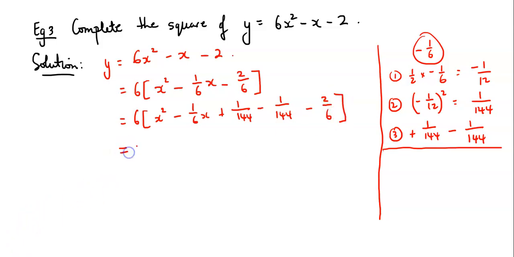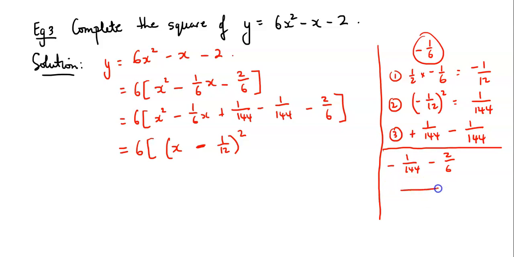Third step: we factorize the first three terms. We have our brackets squared, because it's a perfect square. The square root of x squared is x, the square root of 1 over 144 is 1 over 12, and we take the sign of the middle term, which is negative, and bring it down. Then we evaluate the last two terms: minus 1 over 144 minus 2 over 6.